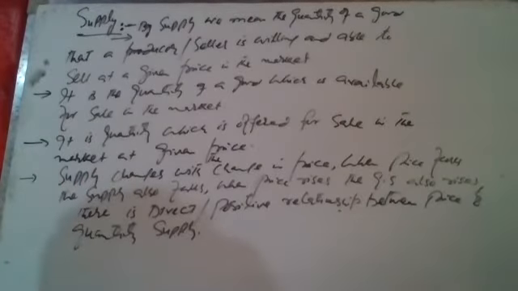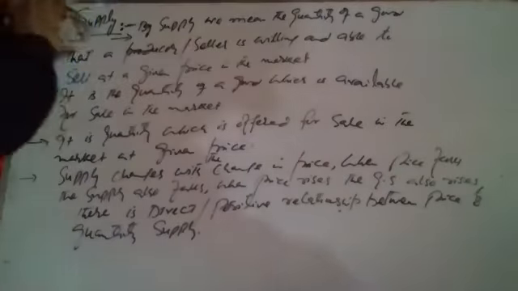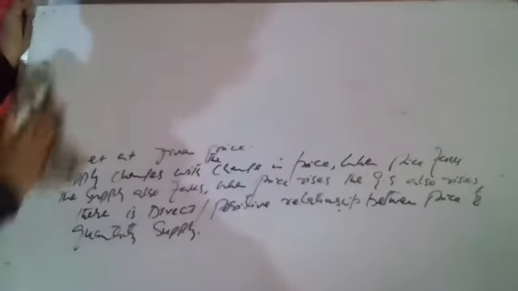तो ये ऑफर की गई है through the producers or through the sellers for sale in the market. There is another concept related with supply that is called stock. What is stock? This is the next concept.